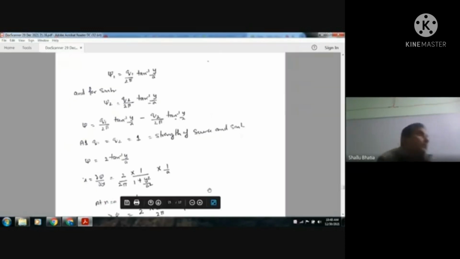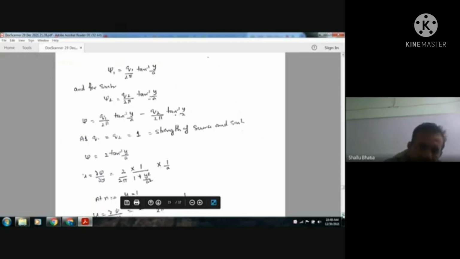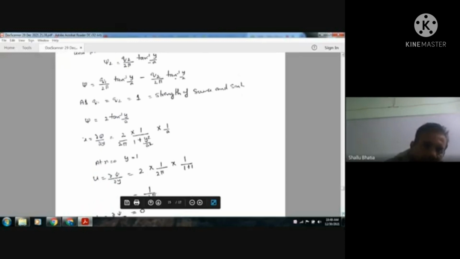So the integration will be 2 by 2 pi, 1 plus y square by a square, times 1 by a. So at x equal to 0 and y equal to 1, because we have to find the velocity at this point.